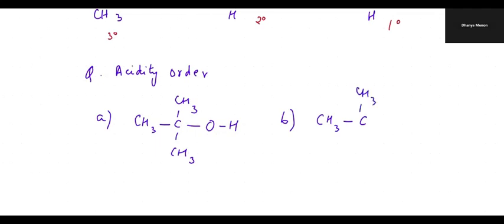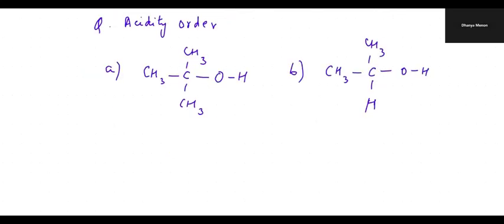Secondary means the carbon atom surrounded by two methyl groups or two alkyl groups. So OH. CH3, CH2, OH. D is CH3, OH.